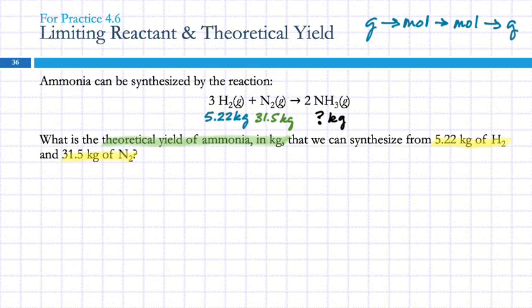There's more than one way that we can deal with this. This question, we want to end up with kilograms. We're starting with kilograms. So one approach is to leave the kilo there and just not cancel it out.